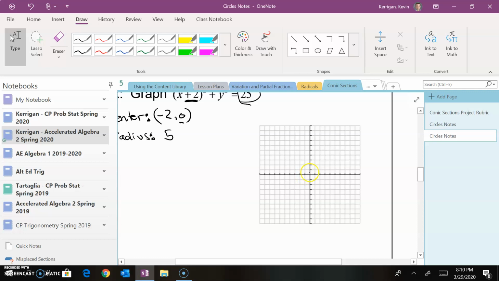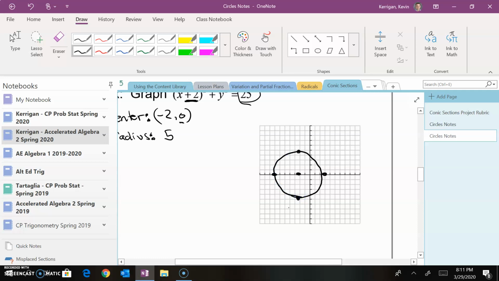And then I go ahead and plot all of that. -2, 0 is right here. I go to the right 5 units, 1, 2, 3, 4, 5. To the left, 1, 2, 3, 4, 5. Up, 1, 2, 3, 4, 5. And down, 1, 2, 3, 4, and 5.